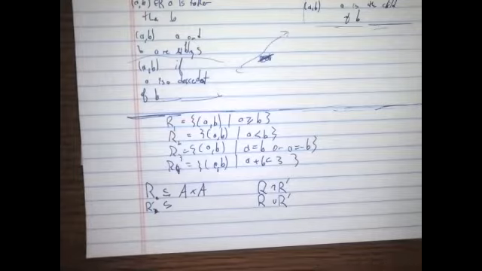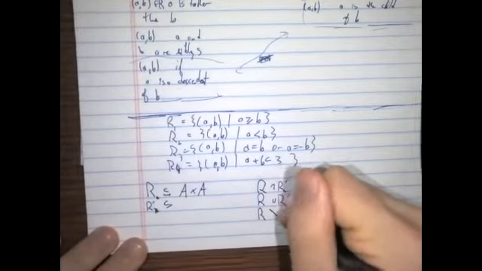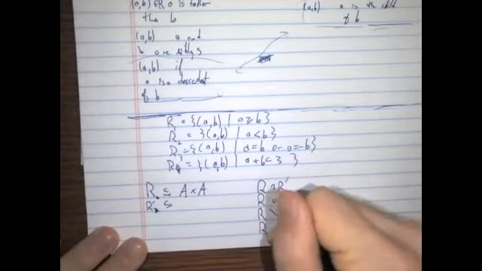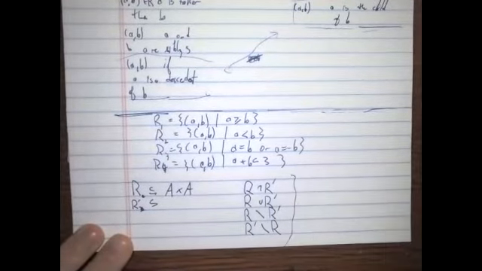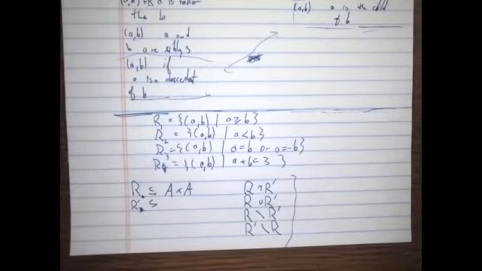Or I could look at their set difference, like R set minus R prime, or vice versa, R prime set minus R, right? These are all pretty natural operations that we know how to do on sets if I have two subsets of a given set.